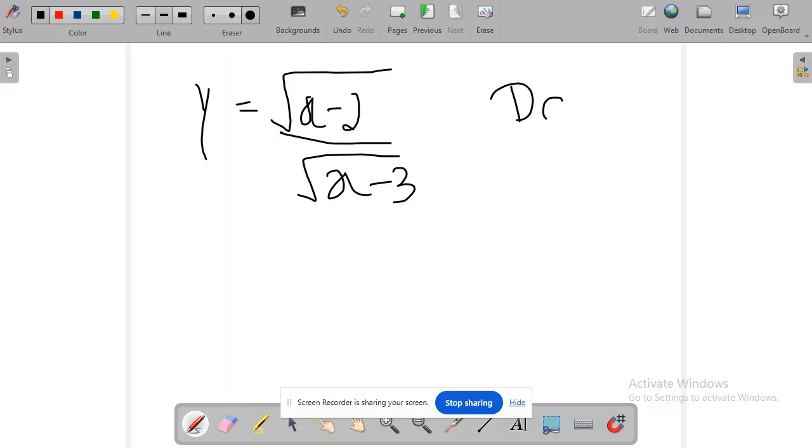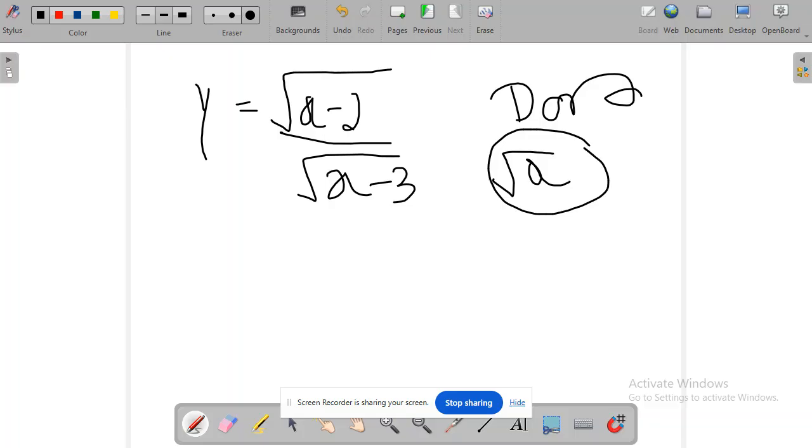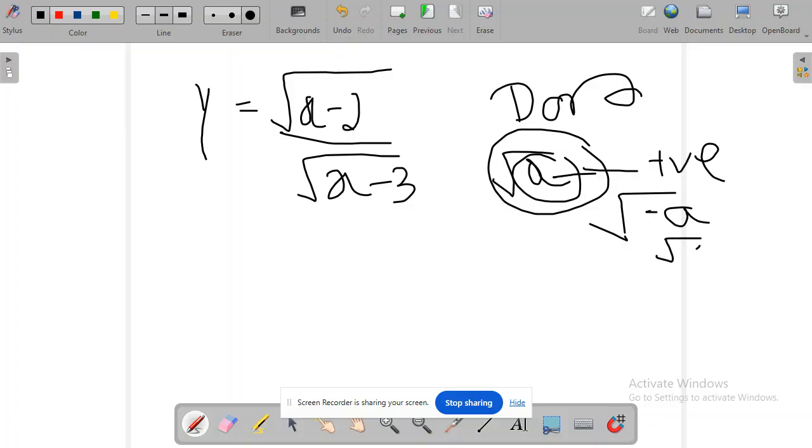Anything inside a square root should be non-negative, because if you put a negative a, then it becomes root a times iota, which is a complex number, which we are not dealing with in this chapter.